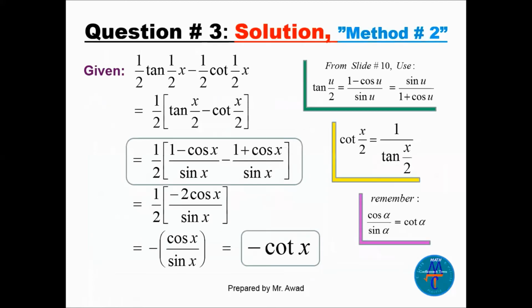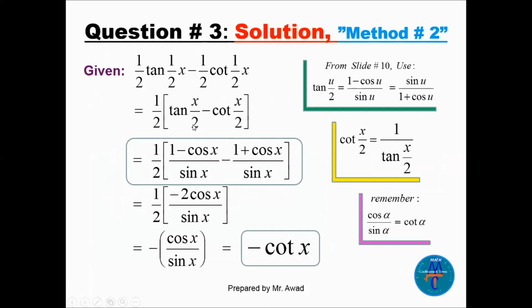Let's see another method, method number 2. Completely different method. Take a half common factor, leave tan x over 2 inside the bracket, minus cotan x over 2. From slide number 10, we have 3 formulas here for tan u over 2. I will use the first one for tan here.